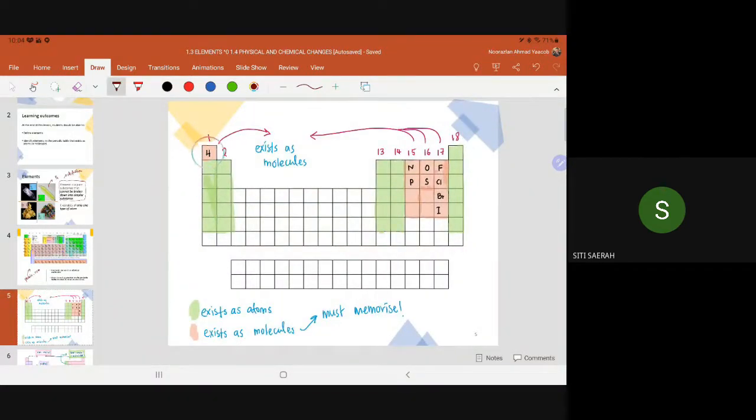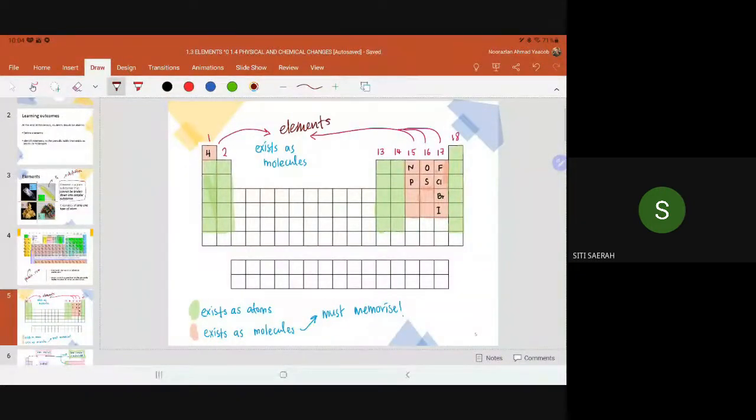For group 1, the first element in the periodic table, hydrogen, exists as a molecule. Those that also exist as molecules are in groups 15, 16, 17. So group 1 for the first atom and also 15, 16, 17 exist as molecules. These elements exist as molecules, the peach-coloured ones. Whereas those that exist as atoms are the rest of group 1, groups 2, 13, 14 and 18.